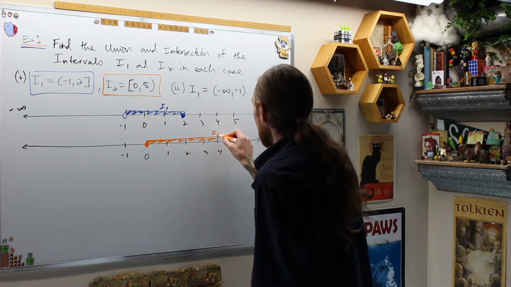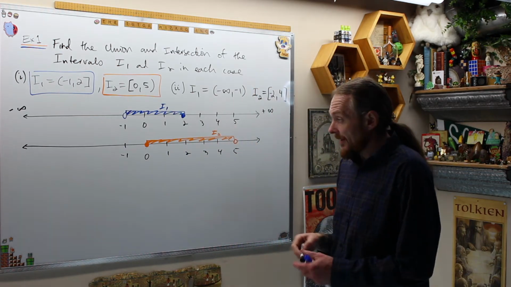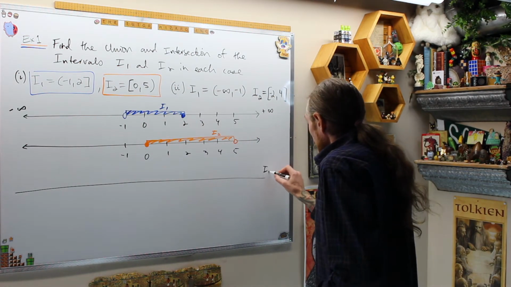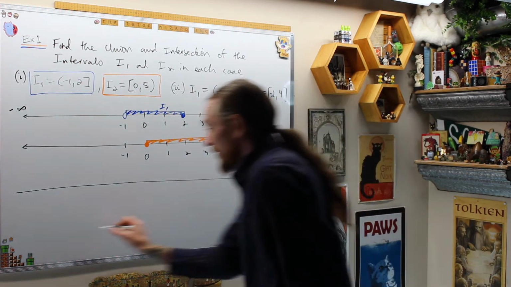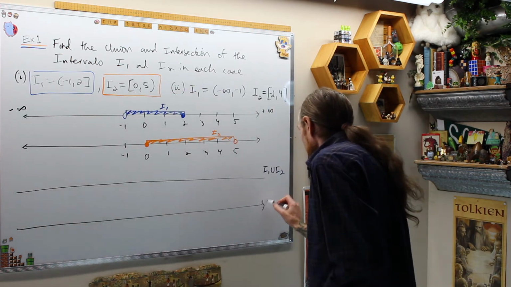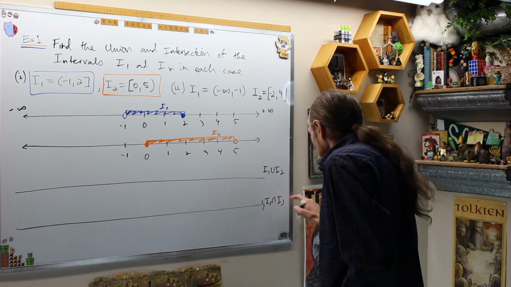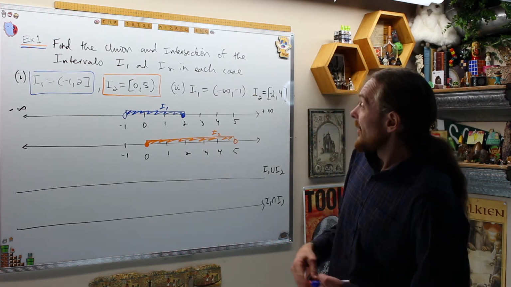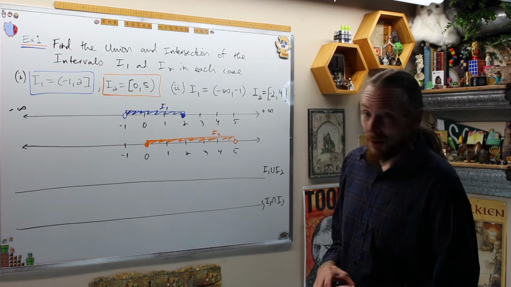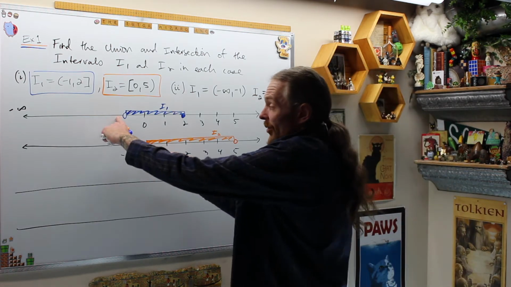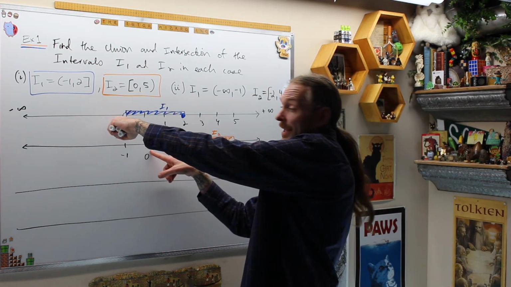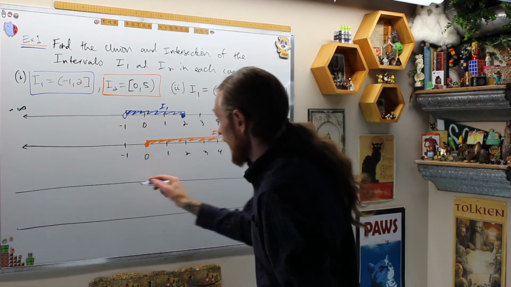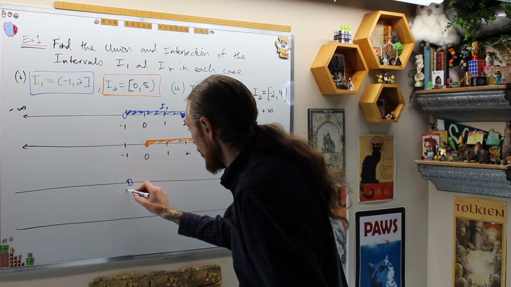And so this is I2. Now for the union and the intersection. For the union, first of all, it's an OR. So we take the lower endpoints, pick the lowest one and the associated bracket with that. At -1 we have open.